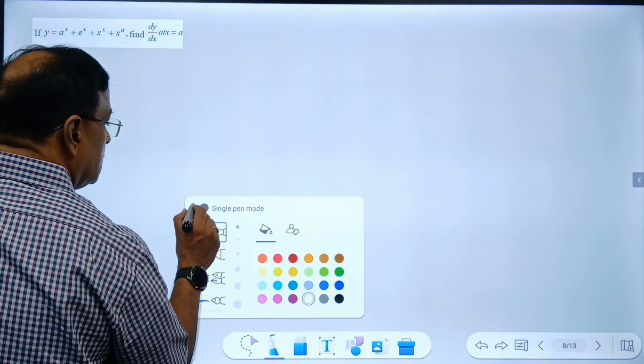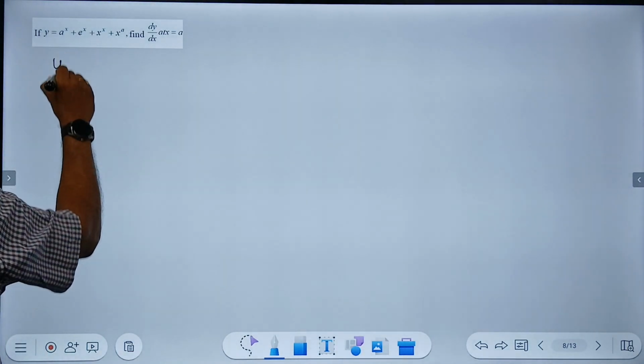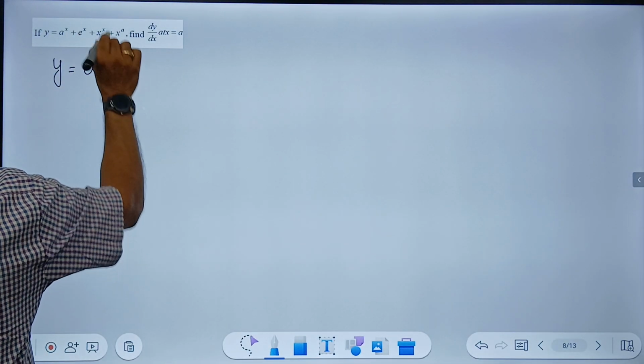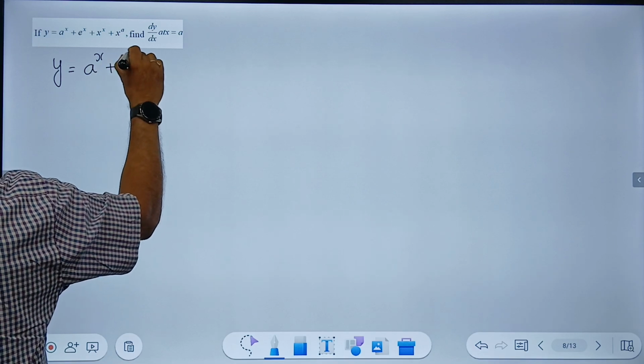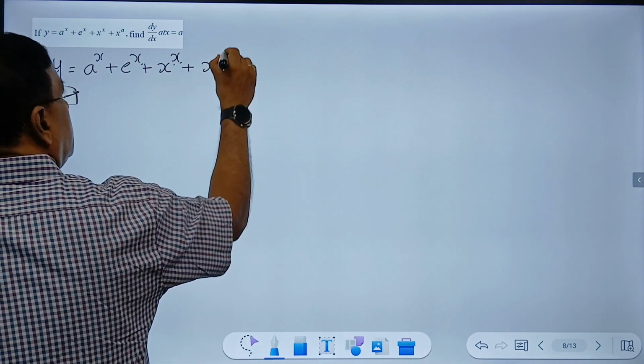Something is wrong. Let's see. I think I should be able to figure it out. Okay. y equal to a power x plus e power x plus x power x plus x power a.